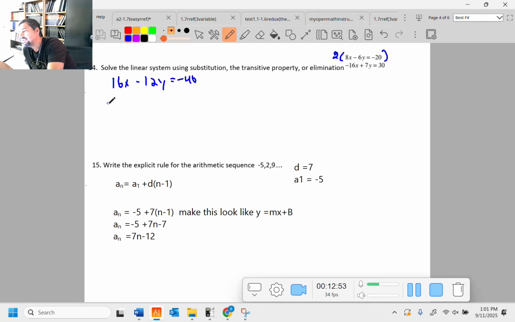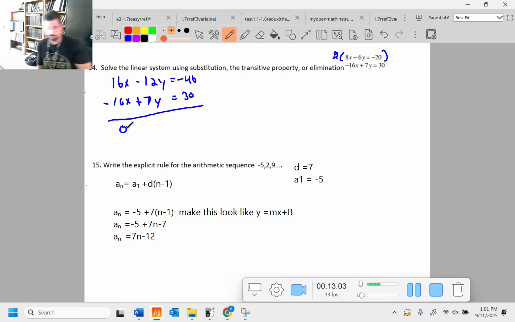And the reason I did that is because suddenly the x's become what we call additive inverses of each other. An additive inverse is when two things add together to equal 0. -12 plus 7 is going to be a -5y, and -40 plus 30, last I checked, was -10. Now, if you divide by a -5, you get a +2.